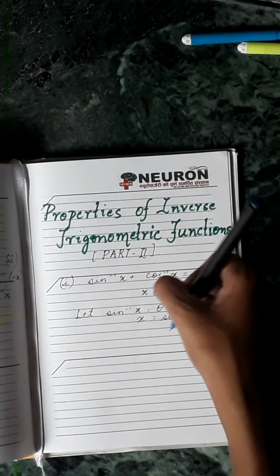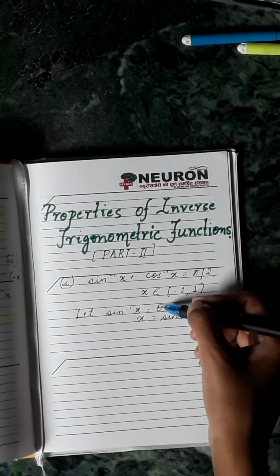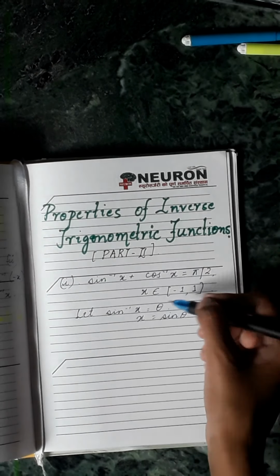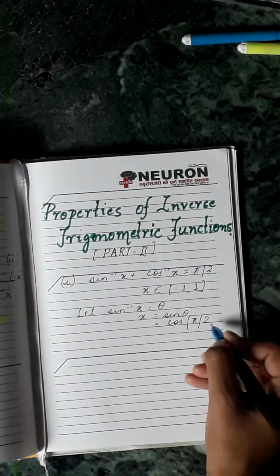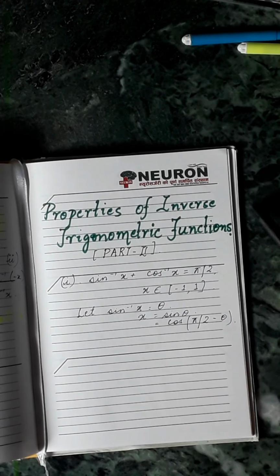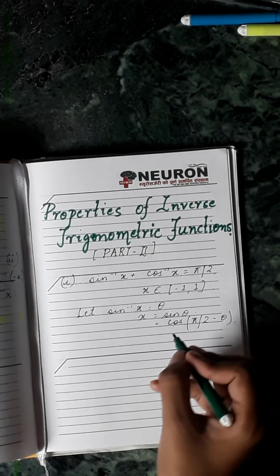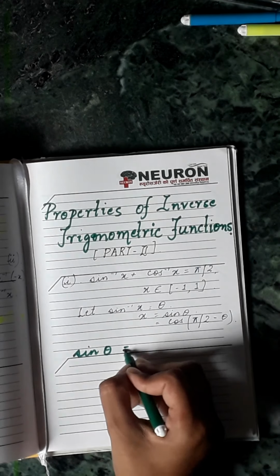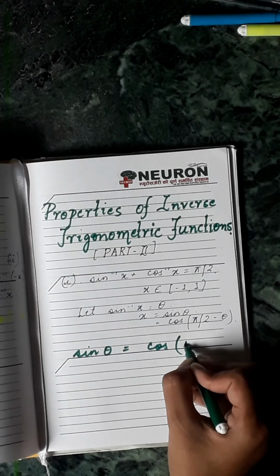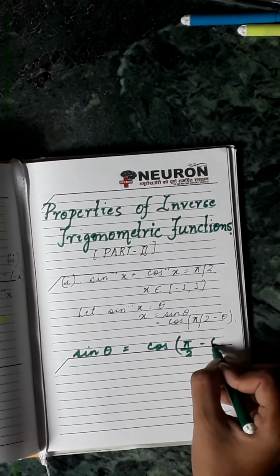So sine inverse came here, became sine and attached to theta, sine theta. So can you write sine theta as cos pi by 2 minus theta? Yes, you can write. It is again a property. Sine theta is equal to cos pi by 2 minus theta.